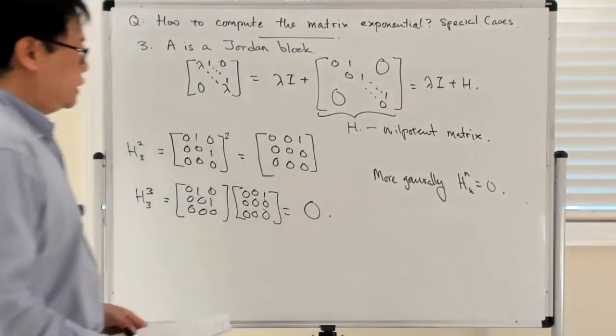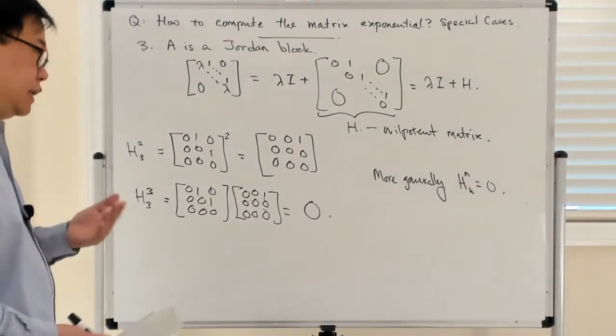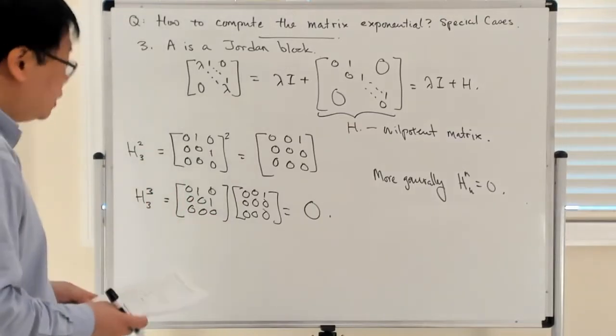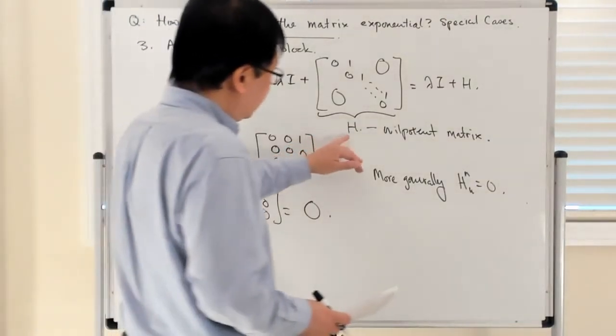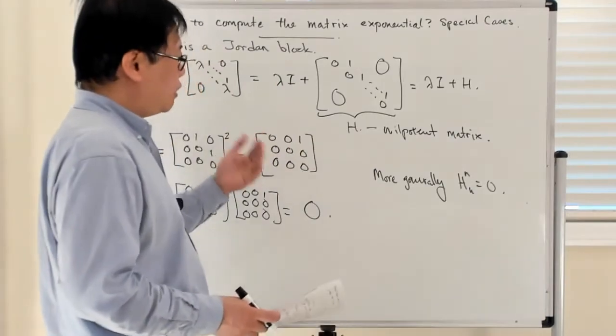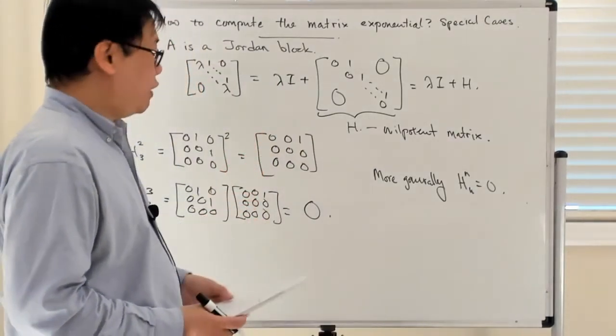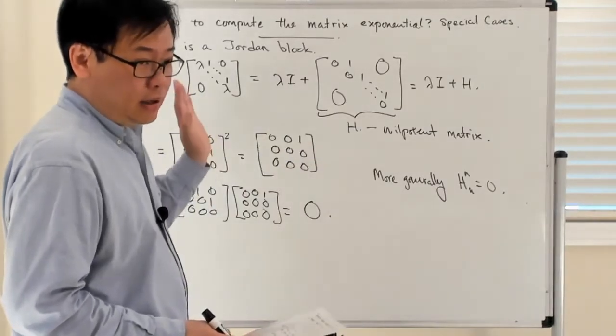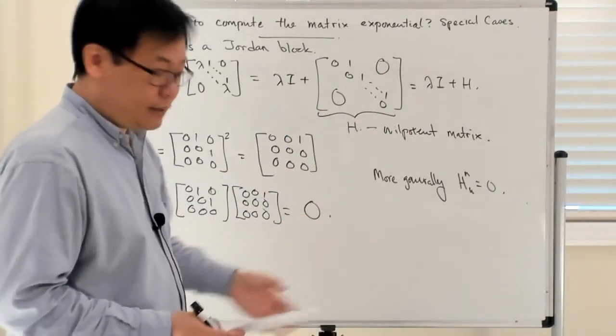What it means for H to be nilpotent is that some finite power of that matrix vanishes. Okay, why is this significant? This is significant because if some finite power of the matrix vanishes, then if you were computing the exponential of that, instead of having this infinite sum, you have a finite sum.